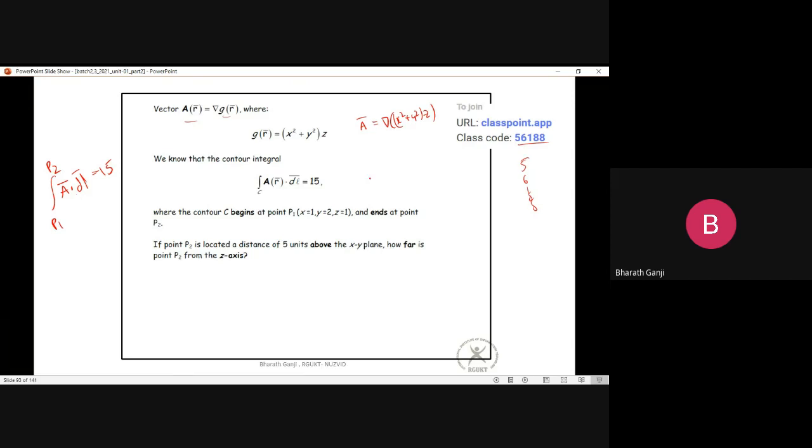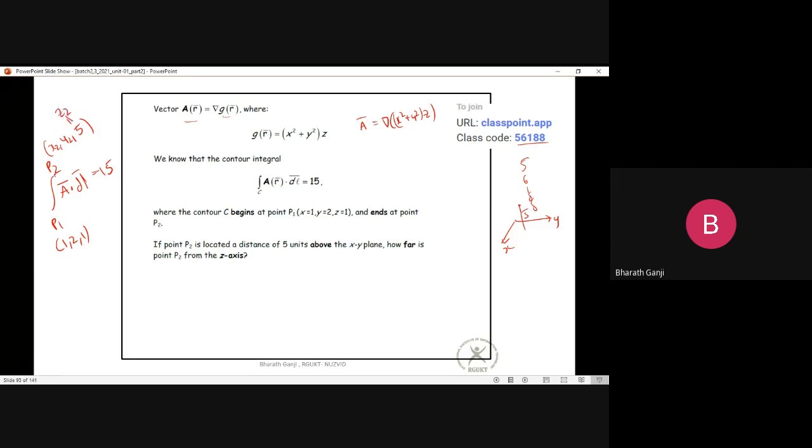He has given what the point p1 is. He's saying the point p1 is 1 comma 2 comma 1, and he has given us information about the point 2. Let us say the point 2 is x2, y2 and z2, and he's saying that the second point is 5 units above the xy plane. That means he has given the information that for the second point, z2 is equal to 5.